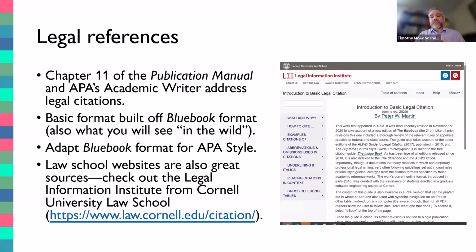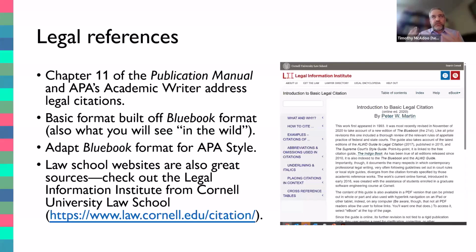Our recommendation would be to look at Chapter 11 in the publication manual, which outlines the guidelines and gives lots of examples for things like court cases, laws, patents, legislative materials, and so on. You'll see that the templates and examples in that chapter follow what you could also find in Blue Book. If you're on a web page that's talking about a court case, and it gives a reference, it's largely going to be that same format.